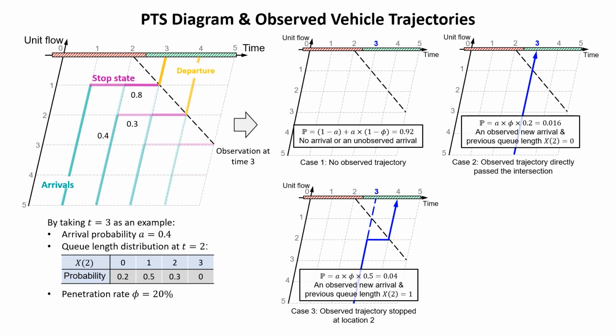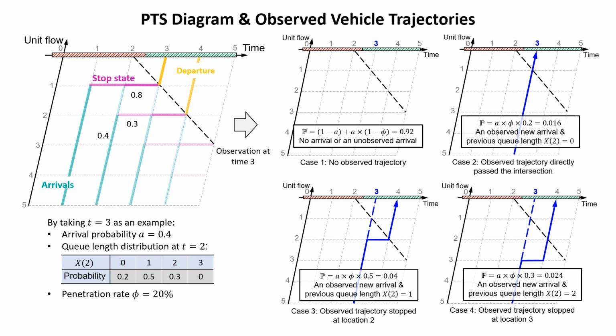Next, an observed trajectory stops at a queue length of 2, which could happen if we observed a new arrival and the previous queue length x_2 equals 1. Finally, we observe a trajectory stopped at a queue of 3. This could happen if we observe a new arrival when the previous queue length x_2 equals 2. The probabilities of each of these events happening are reported below the respective diagrams.